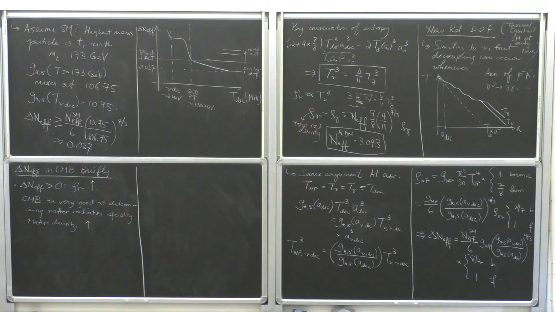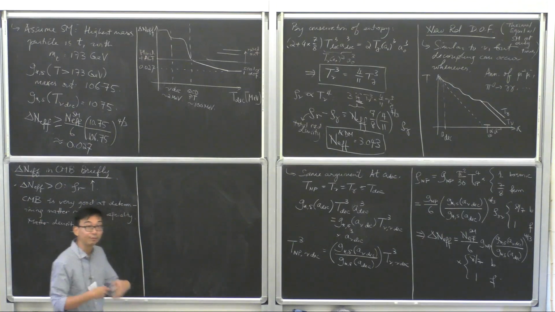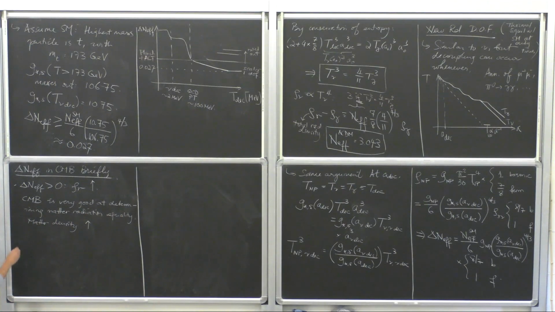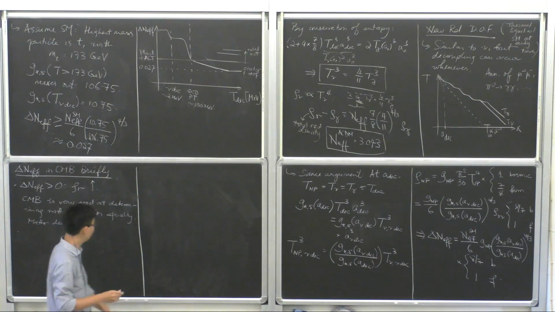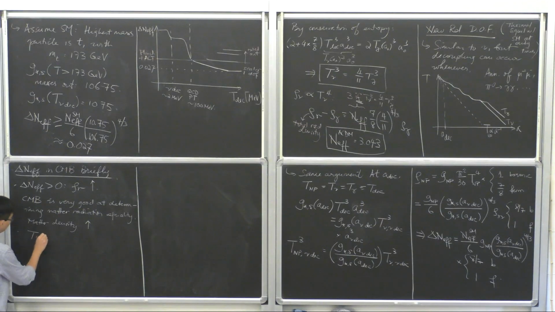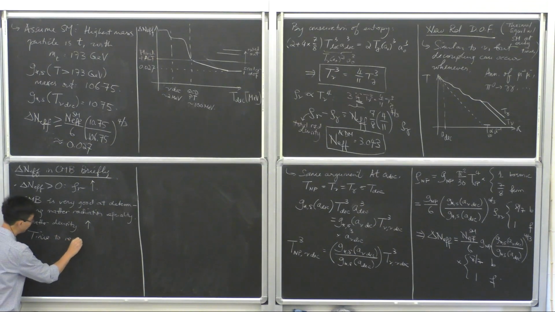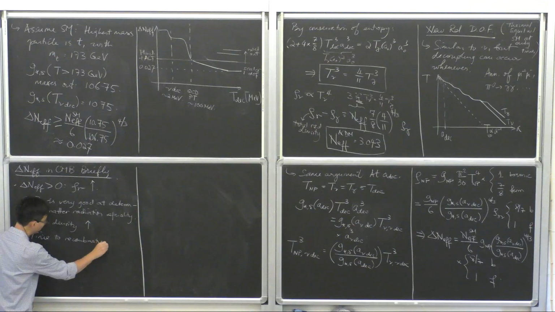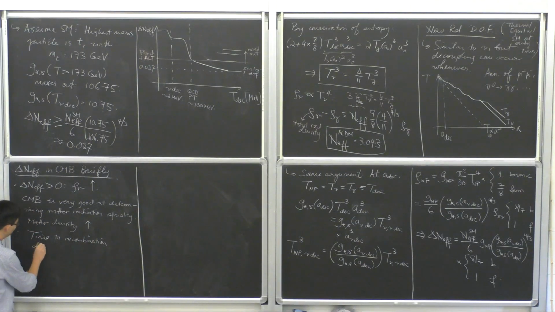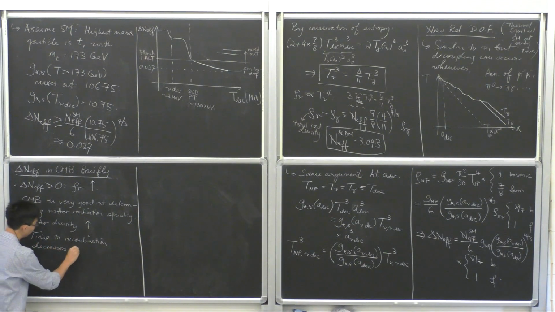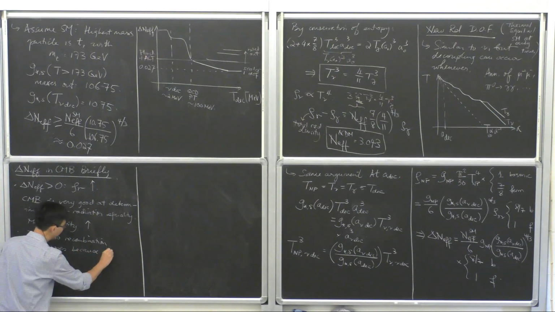Another thing that happens is that because you have additional relativistic degrees of freedom, Hubble is a little bit higher, right? And so the expansion rate is a little bit faster than you expected. And so the amount of time needed to get to recombination decreases because of these extra degrees of freedom.